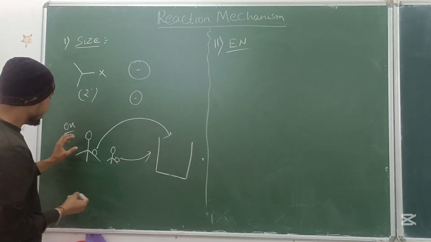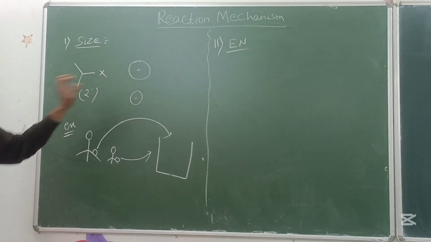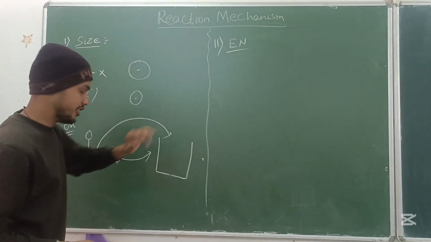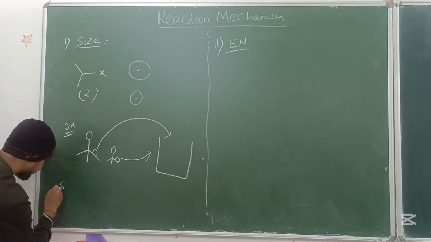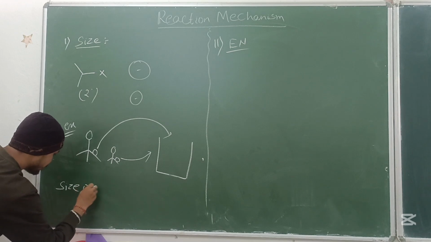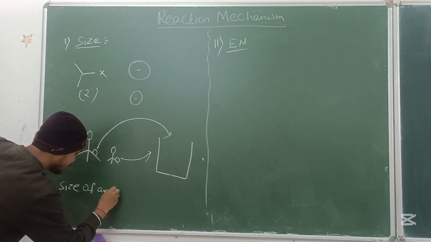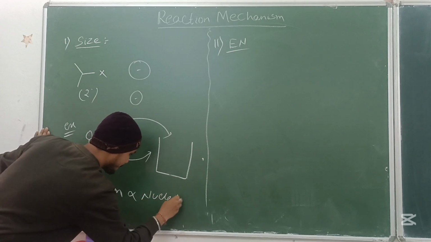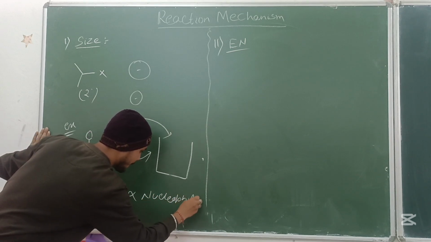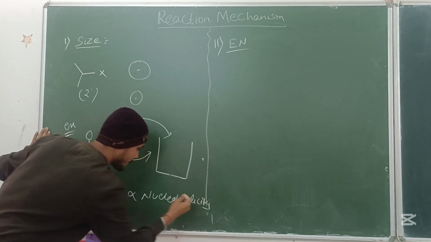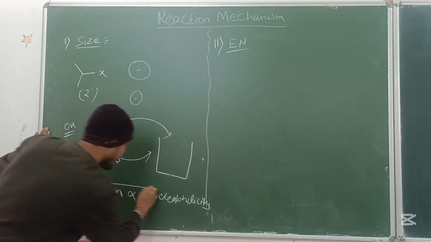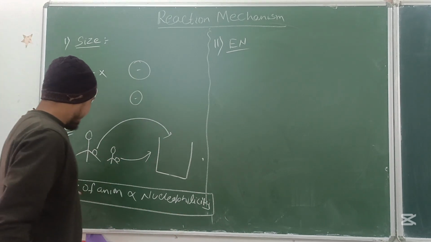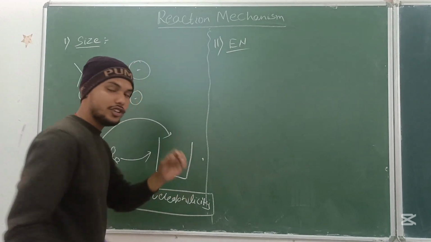Similarly, if the size of the anion increases, then nucleophilicity also increases. So we may conclude that the size of the anion is directly proportional to nucleophilicity. That means if the size of the anion increases, then nucleophilicity also increases.